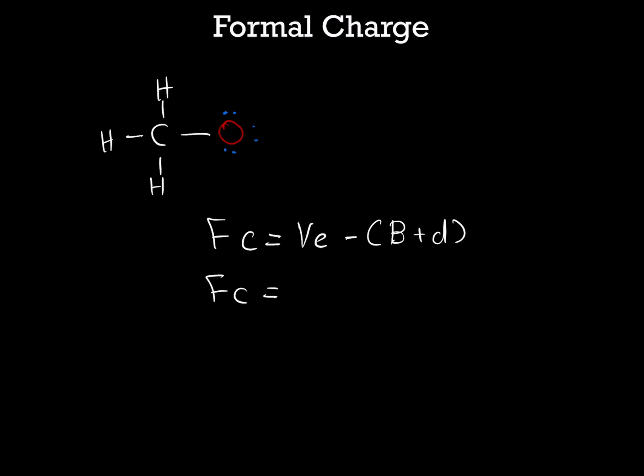Oxygen is part of group 6A on the periodic table, so it's going to have 6 valence electrons, and it has 1 bond, and it has 6 dots. 1 plus 6 is 7, so the oxygen has a -1 charge, so you can put the little negative around it to denote that.